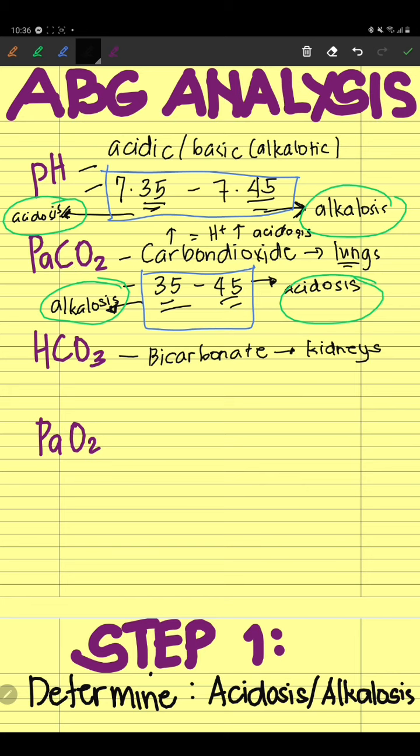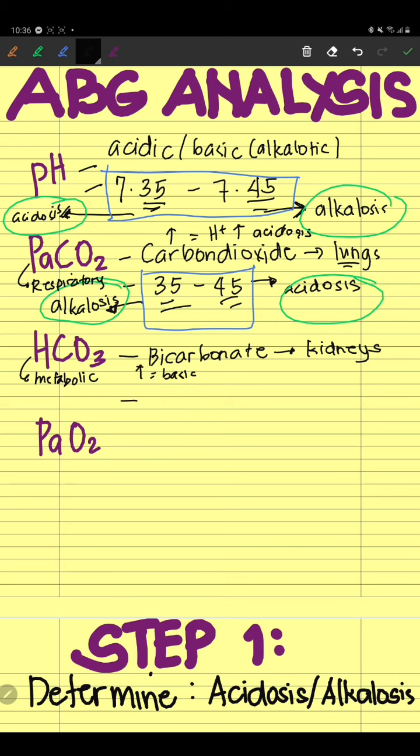So, ibig sabihin, any abnormalities in the PaCO2, we will attribute it to respiratory. Kasi lungs ang affected. HCO3 naman, again, we relate that with your metabolic. Yan. So, your kidneys will now regulate the amount of bicarbonate. The bicarbonate acts as a buffer to your hydrogen ions. So, ibig sabihin, the more bicarbonate we have, the more basic or the more alkalotic it is.